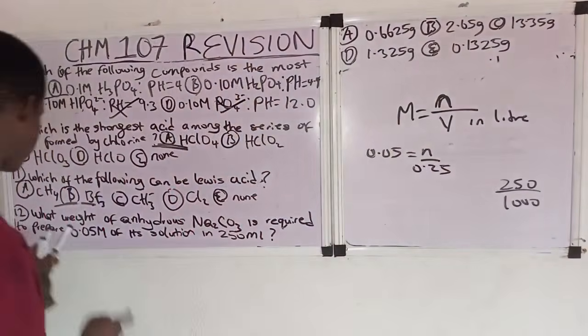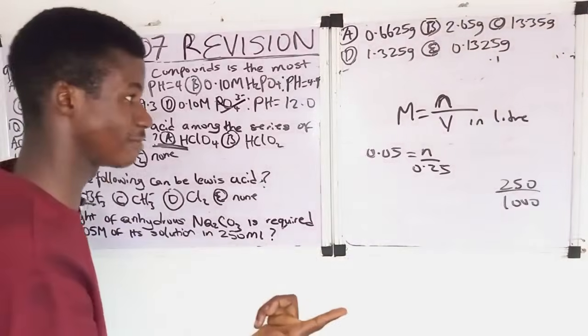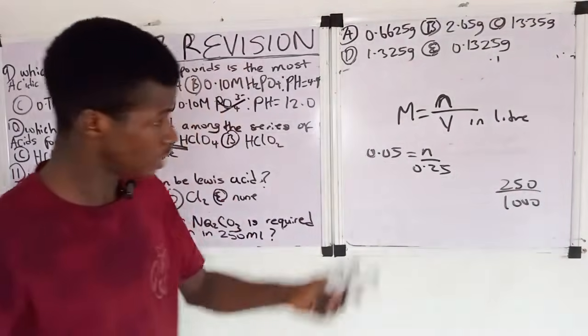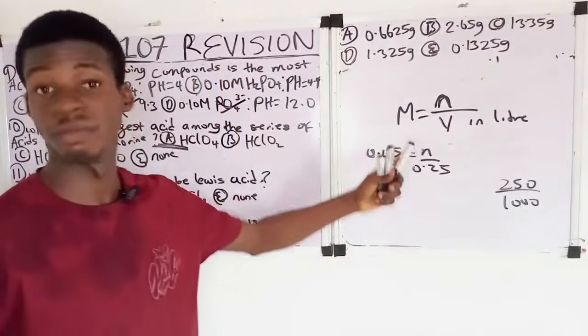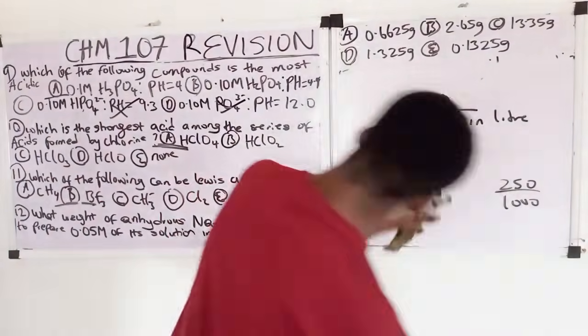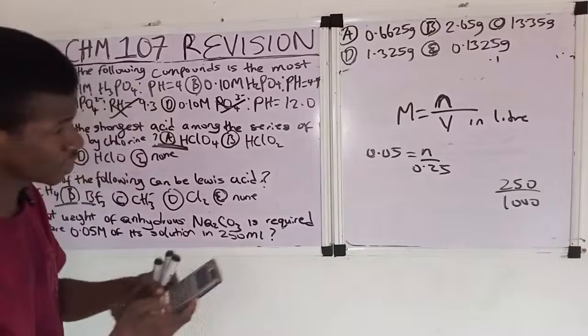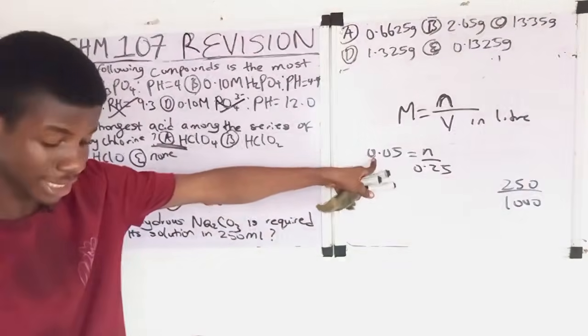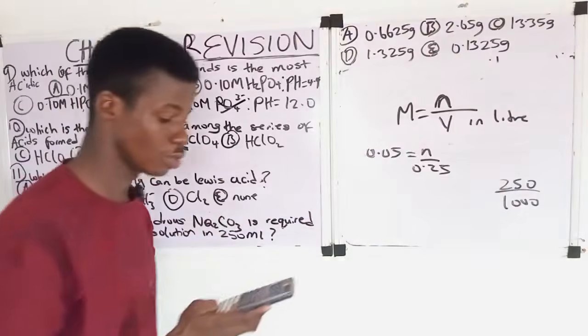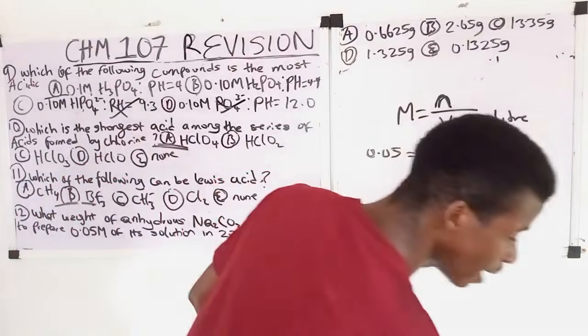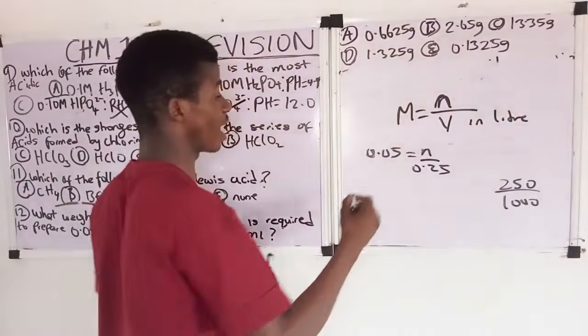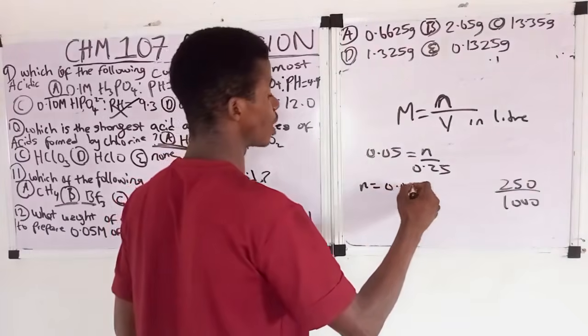The weight, which is the mass in grams. To get the mass in grams, we need to first look for the moles. If we cross multiply 0.25 by 0.05, we have 0.0125. So the number of moles is 0.0125.